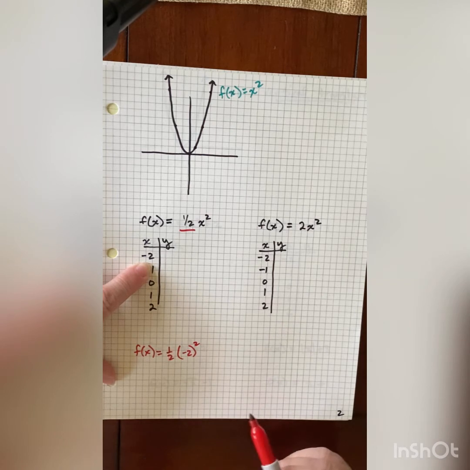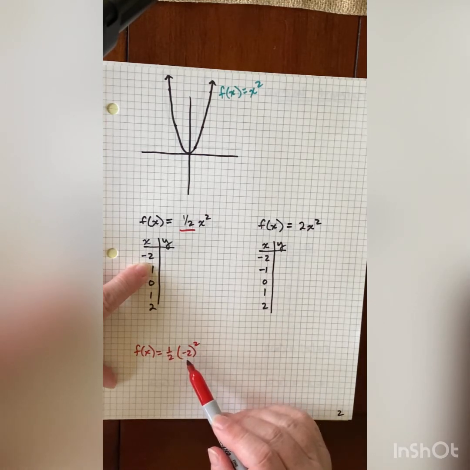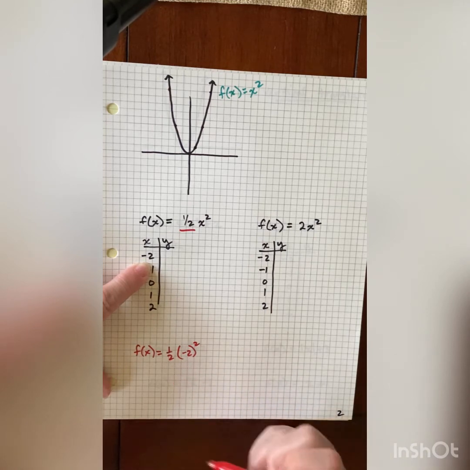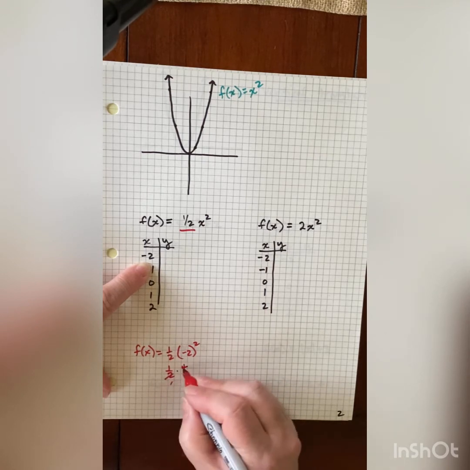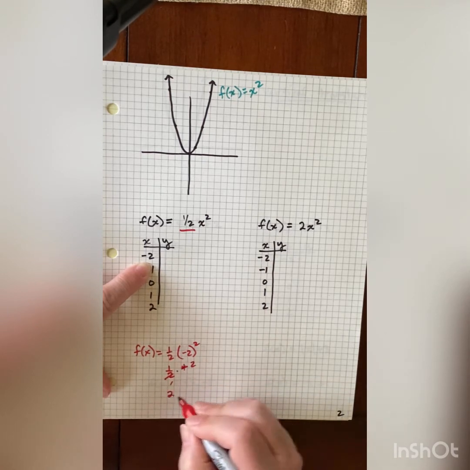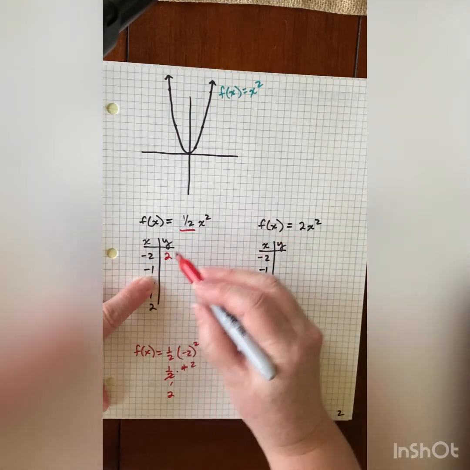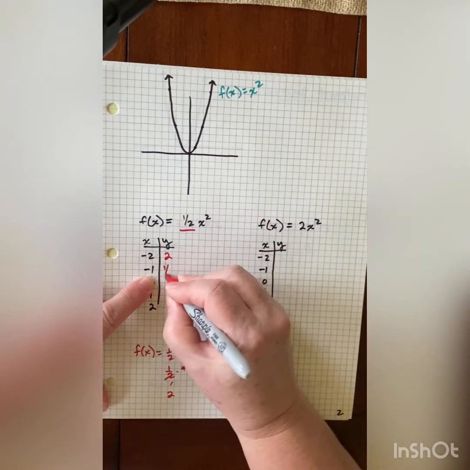Okay, we have to follow the order of operations, so I have to do this exponent first. So -2 times -2 gives me a +4. 4 times that 1/2 will give me a 2. Okay, so f of x will be a 2. All right, if I put a -1 in there and square it, I'll get a 1, then times it by the 1/2, so that'll be 1/2.